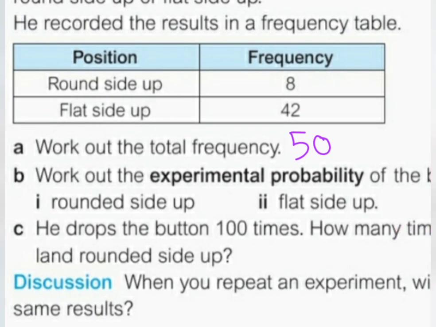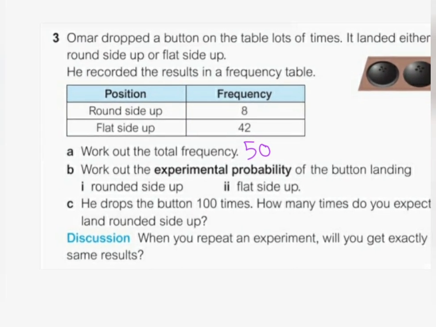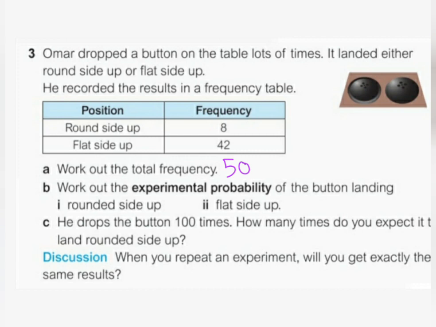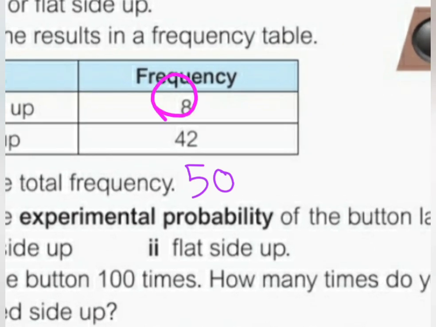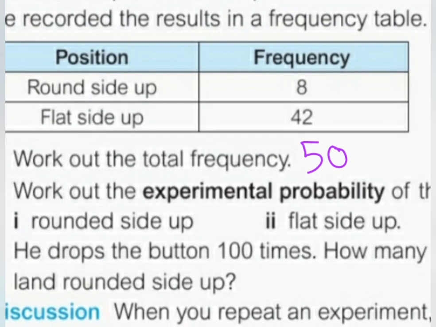Now, question B. Work out the experimental probability of the button landing round side up, and flat side up. Now, when he says experimental probability, it's the same as relative frequency. What do you do? You just take the frequency and divide it by the total number to get the relative frequency of that event. Now, the round side up is 8 over 50. Very good. So let's write it here.